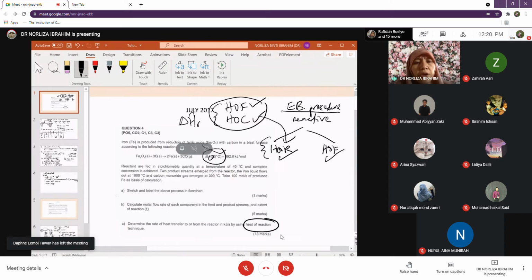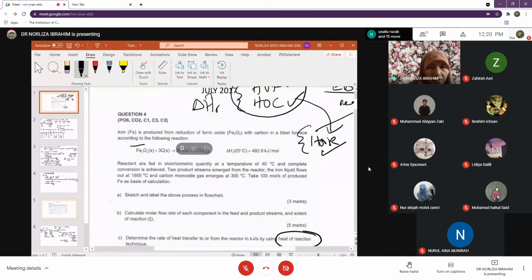Now if you go to this one, you have iron, ferrum. This is the reaction. You have ferric oxide solid and carbon solid fed at 40 degrees C, and two product streams: ferrum and carbon dioxide.